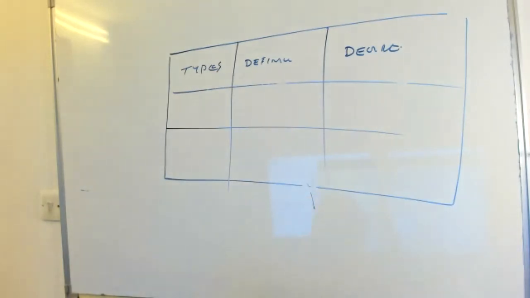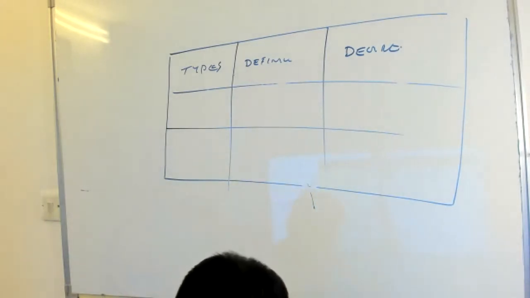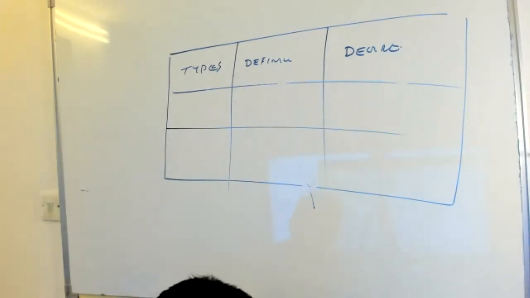Okay. Now next one. You write next column. Cubic polynomial. Type cubic polynomial.